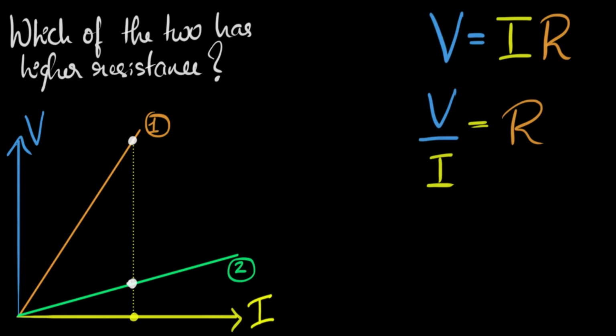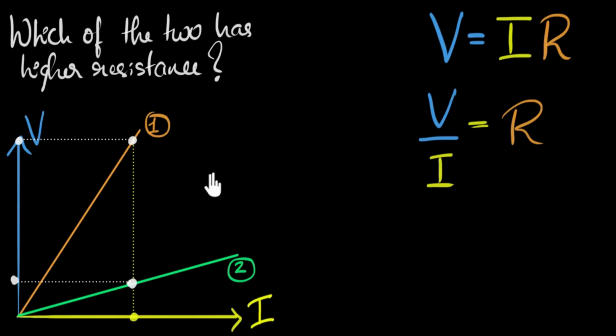Now all I have to check is which of them has a higher value of voltage. Well, let's see. If you look at this one, notice this has a voltage value which is somewhere over here. And if you look at this one, it has a voltage value which is somewhere over here. Clearly, the first one has a higher voltage compared to the second one for the same current.